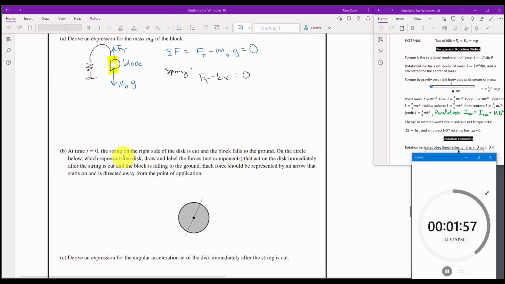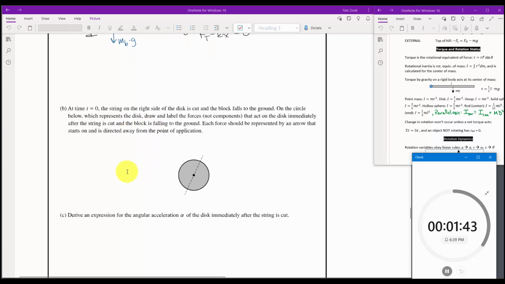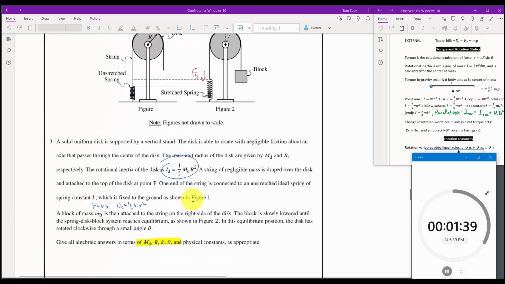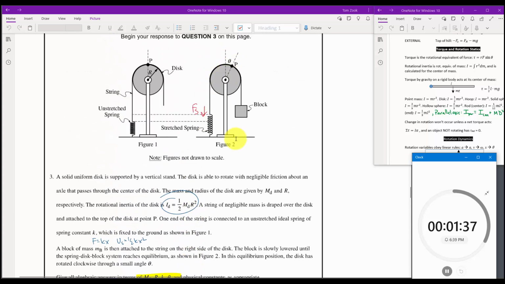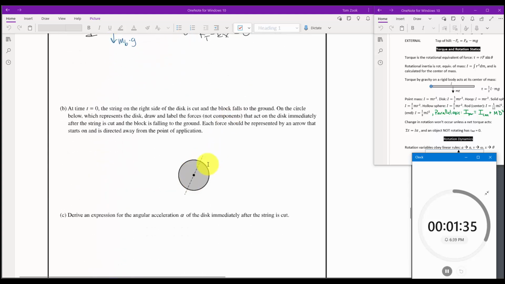At time t equals 0, the string on the right side of the disk is cut and the block falls to the ground. On the circle below, which represents the disk, draw and label forces, not components, that act on the disk immediately after the string is cut. So right after the string is cut, it's rotated, the point P is there. Okay, I was confused why there's a diagonal line there.